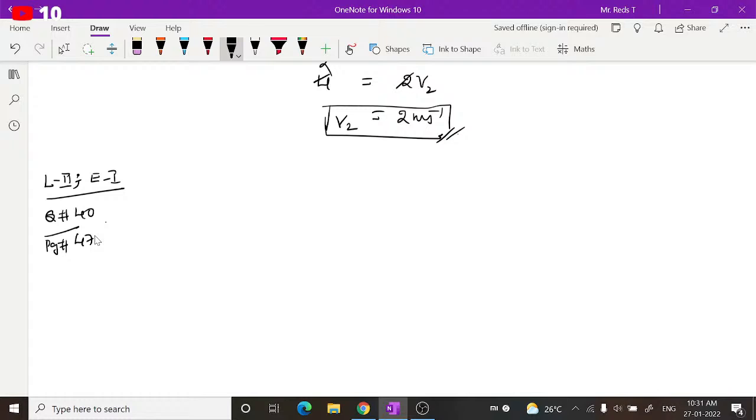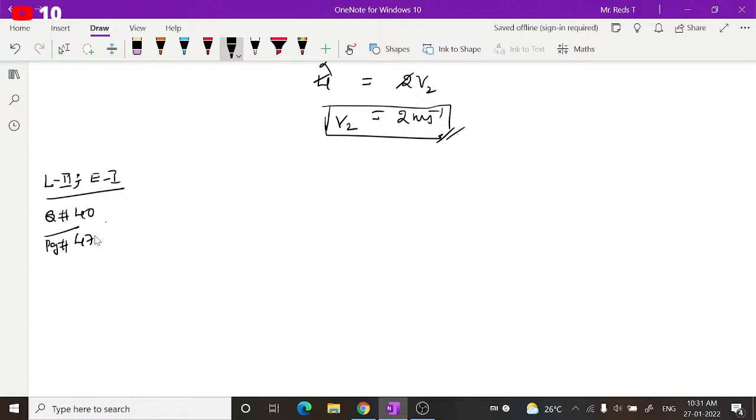So let us consider the data quickly. Try this yourself. A body of mass 5 kg, let us say this is the first one, moving with a speed of 3 meters per second. So initial velocity u1 is equal to 3 meters per second, and it collides head on. Head on means it is a one dimensional collision. Head on with a body of mass 3 kg. Let us consider this is the second body, 3 kg, which is moving in the opposite direction at the speed of 2 meters per second.